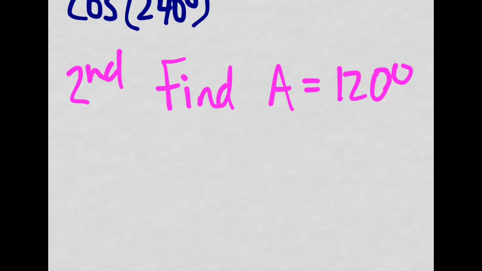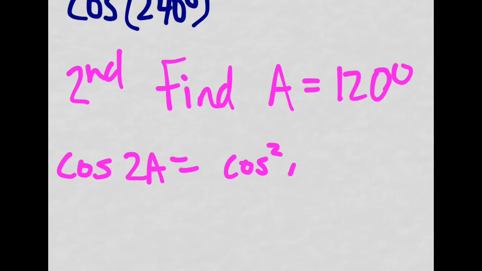If I want to copy the formula down, it's the double angle, and we're wanting to find cosine. So the cosine of 2 times A is equal to cosine squared A minus sine squared A. Now I'm just going to replace A with 120 everywhere in the formula.